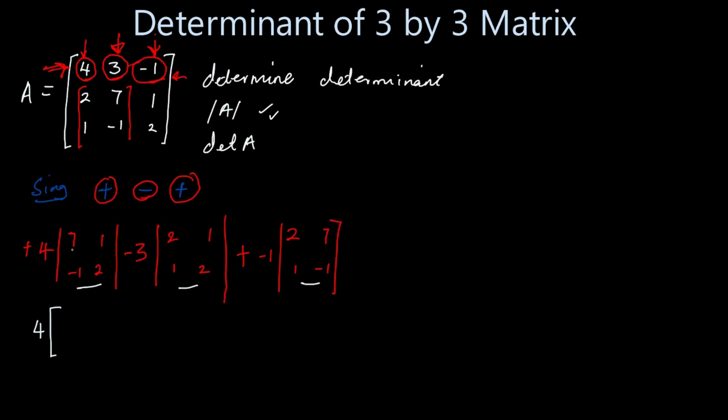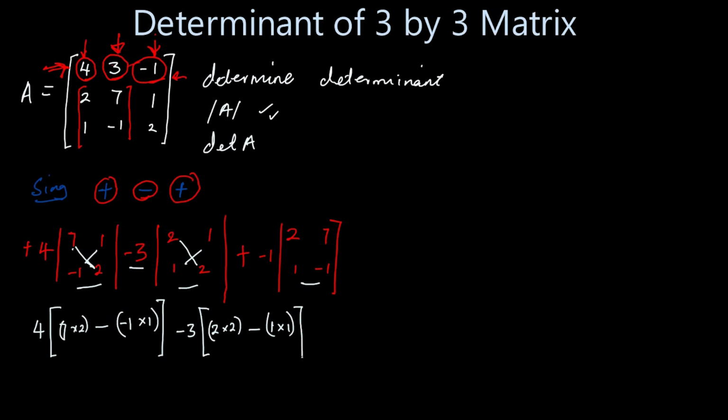Now we have 7, we multiply by 2, so 7 times 2, and we subtract minus 1 times 1. We close this, then we move to minus 3, so we have minus 3. We multiply 2 times 2, and we subtract 1 times 1. We close this.